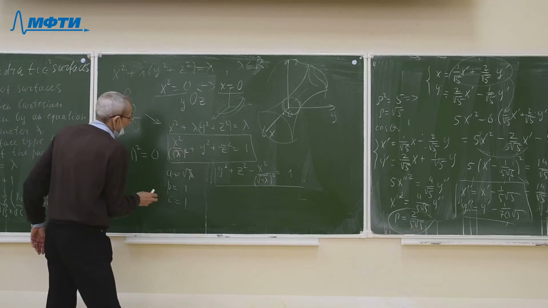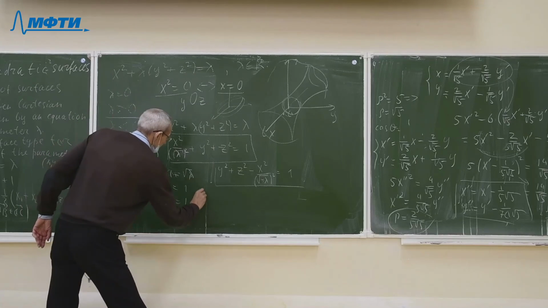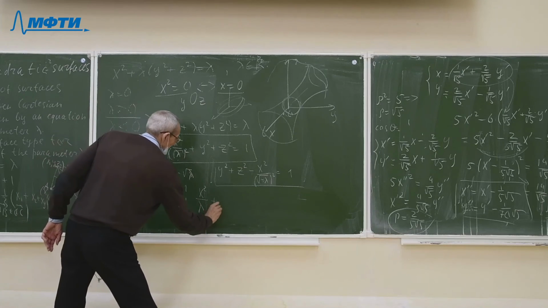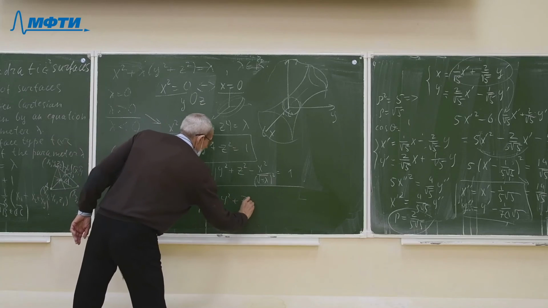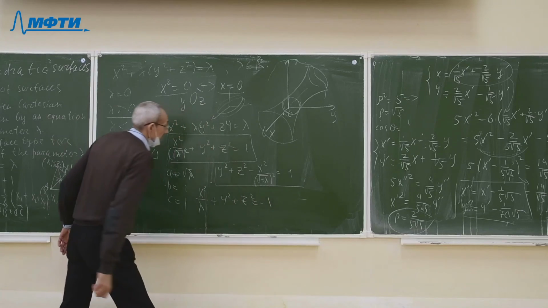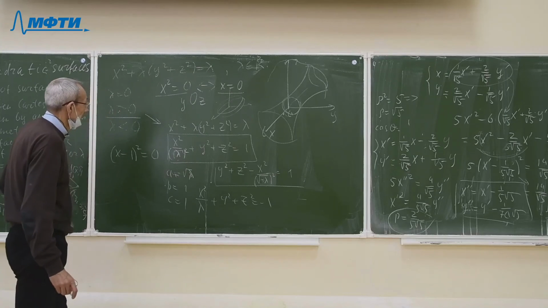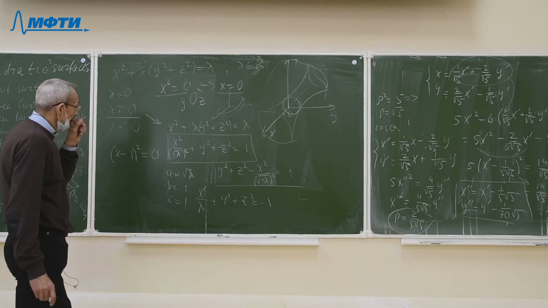After division, we obtain the following expression: x squared divided by lambda plus y squared plus z squared is equal to 1.